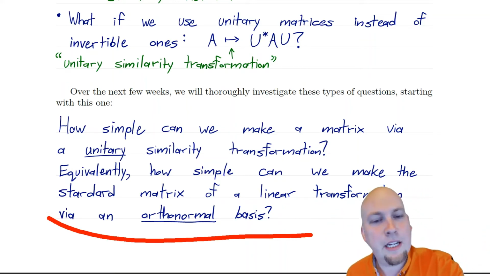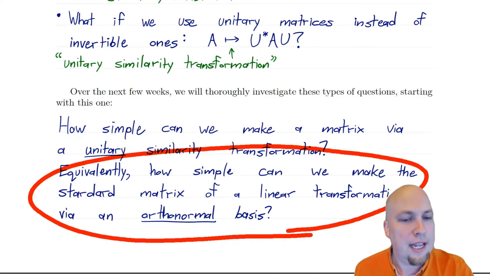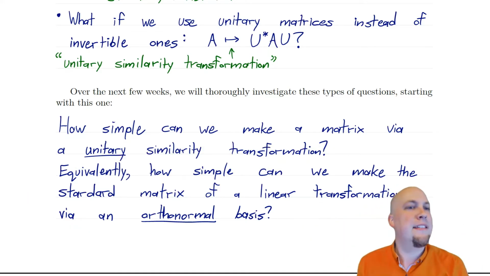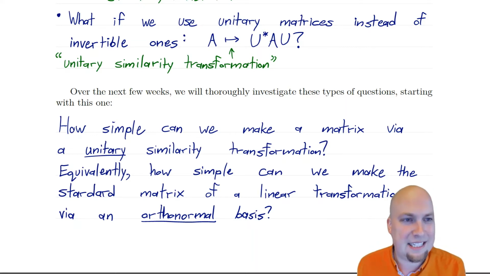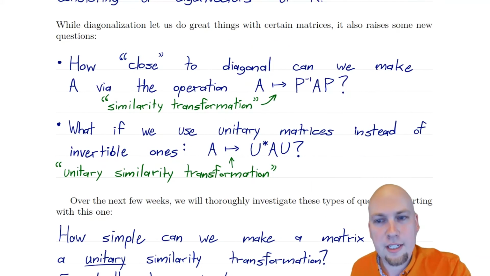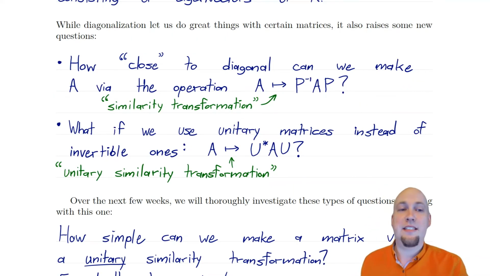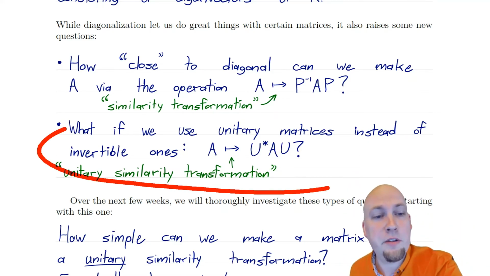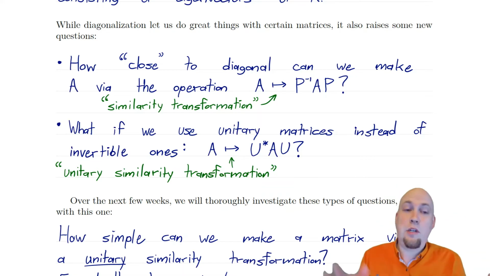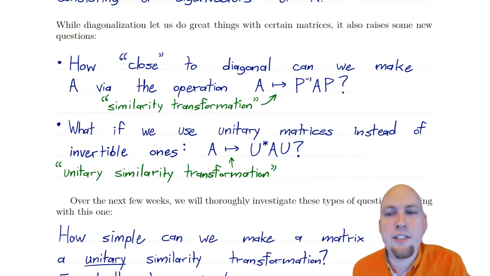This question is equivalent to asking how simple can we make the standard matrix of a linear transformation if we only look at orthonormal bases of whatever vector space that linear transformation is acting on. The first question, the similarity transformation question, is asking how simple can we make a standard matrix look if we're allowed to use any basis that we like, whereas the second question with unitary matrices is asking how simple can we make the standard matrix look if we're only allowed to use orthonormal bases, which again, we think of as the nicest, most rigid bases out there.